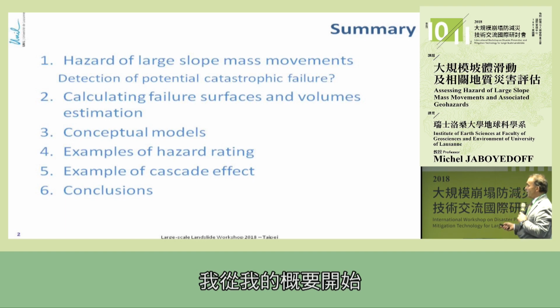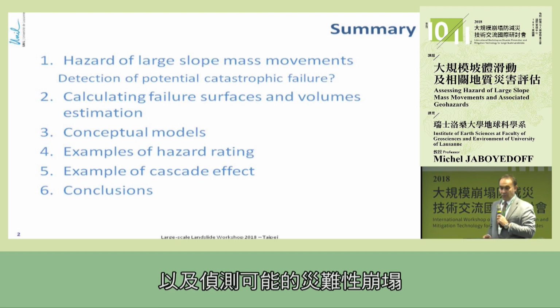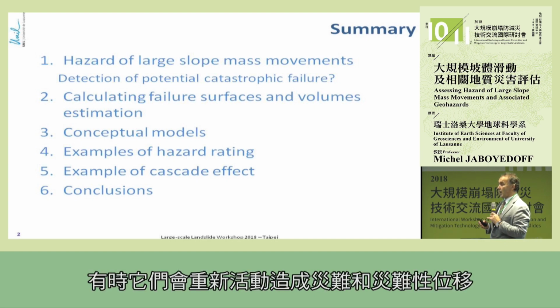I will start with the summary. We will look at the hazard assessment of large slope movement and the detection of potential catastrophic failure, because there are landslides that move slowly, and sometimes they are reactivated to create disaster and catastrophic displacement.